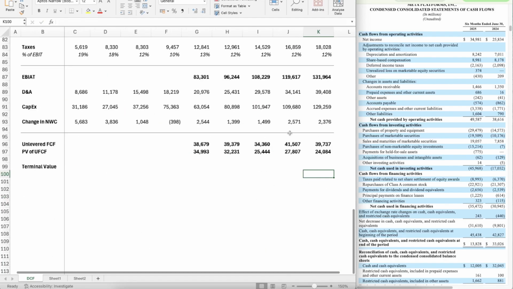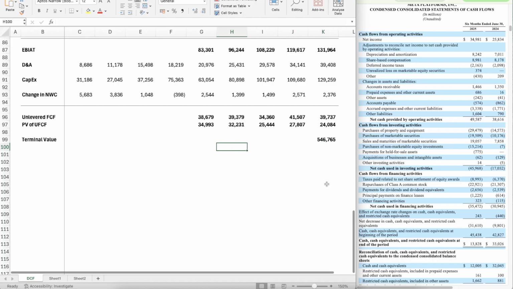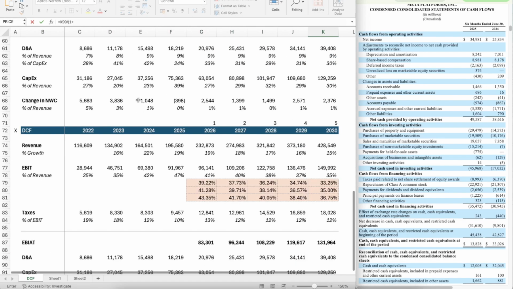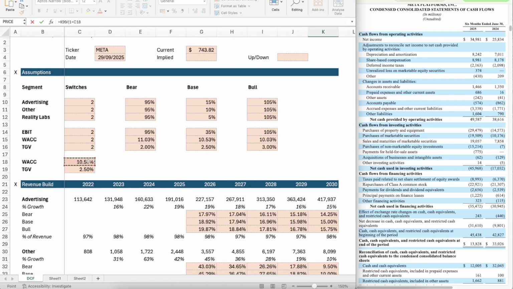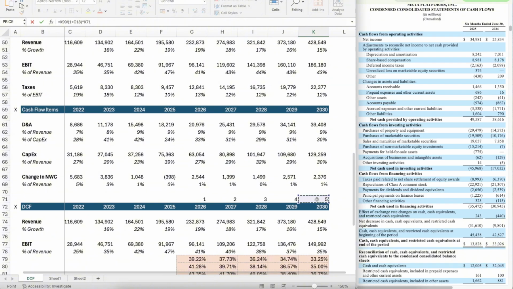We close that. Okay, now we want to find the present value, PV of the terminal value. So PV of TV equals divided by 1 plus the WACC to the power of the final year, which is 5. There we go.